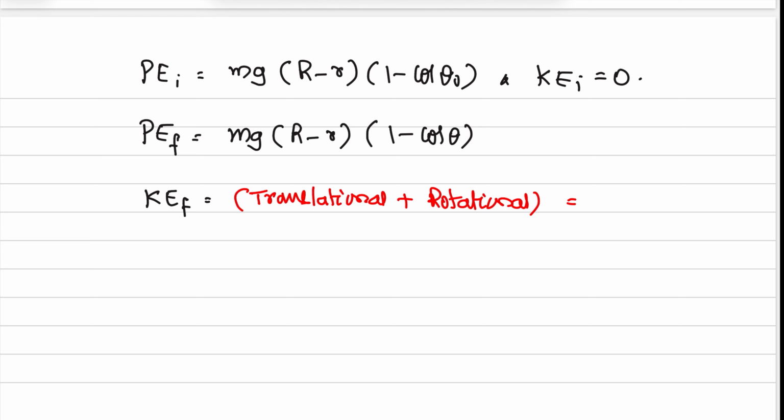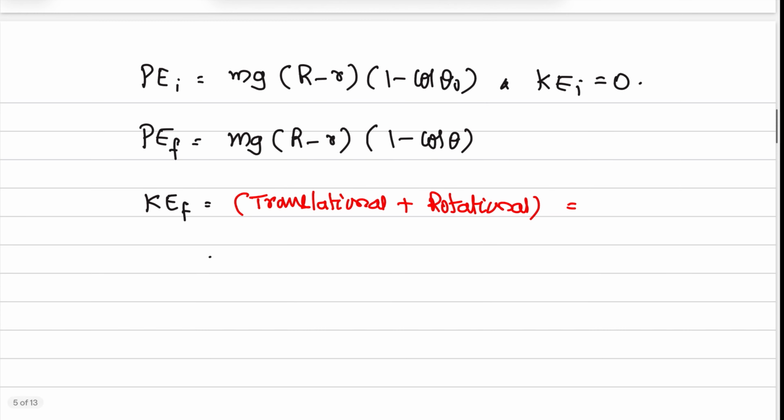That gives you half m v final square, because initial velocity is 0, final velocity, even if you call it as v, there is no problem, plus half I omega square, kinetic energy final.